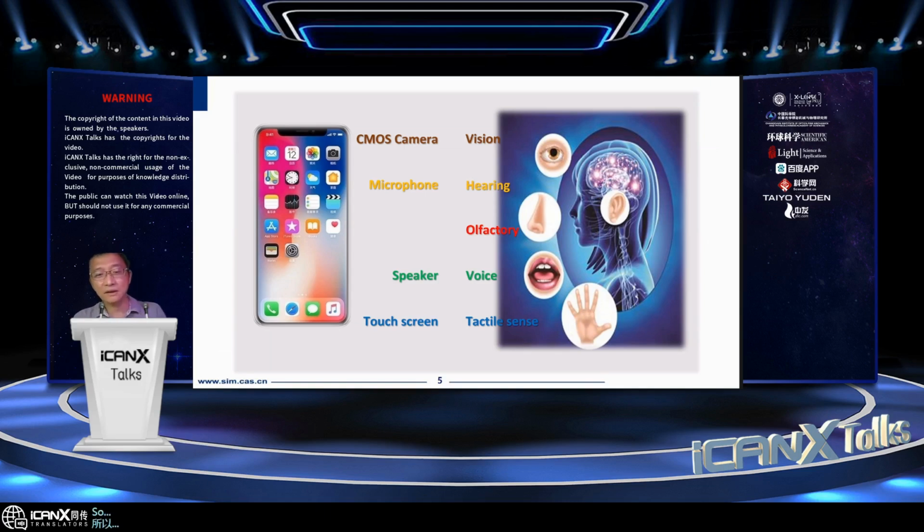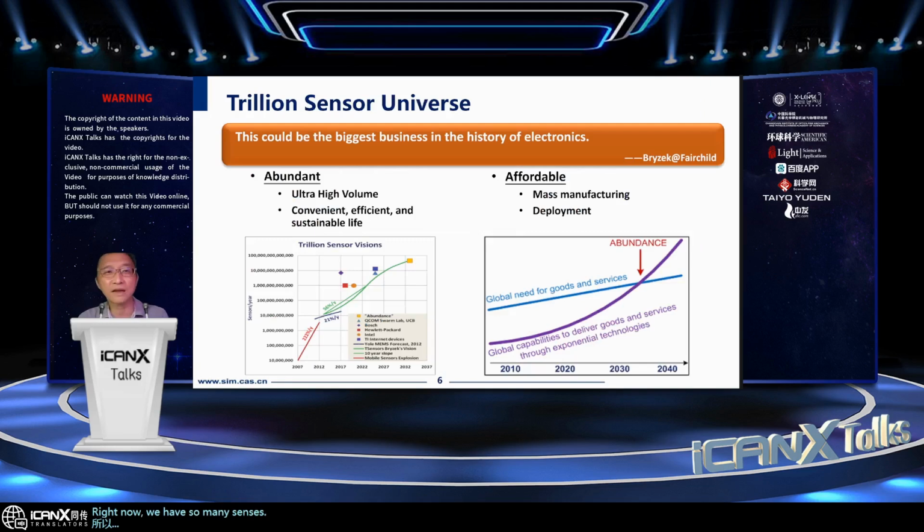So right now we have so many sensors in our daily life. We are in a trillion sensor universe. This is from the Fairchild company CEO: this could be the biggest business in the history of electronics.